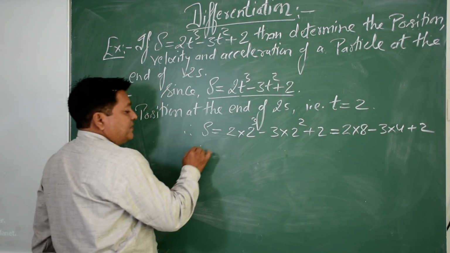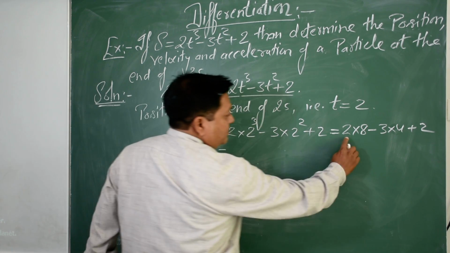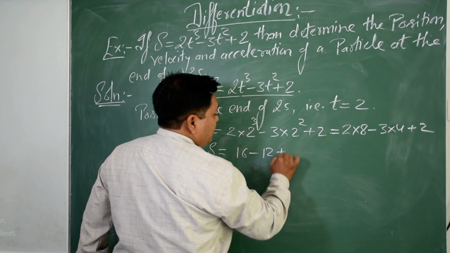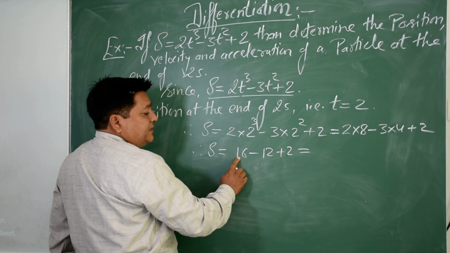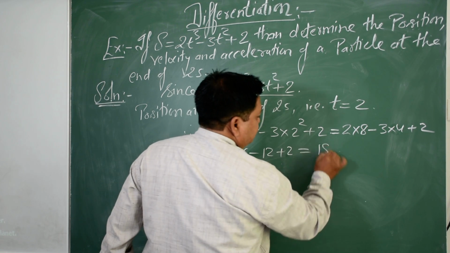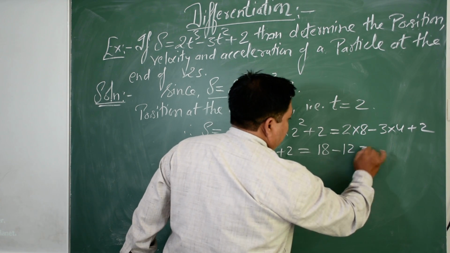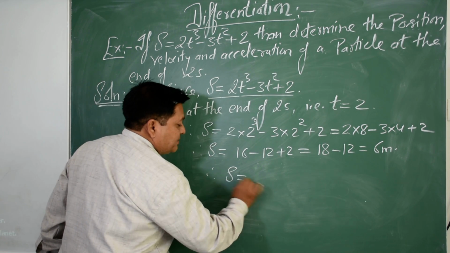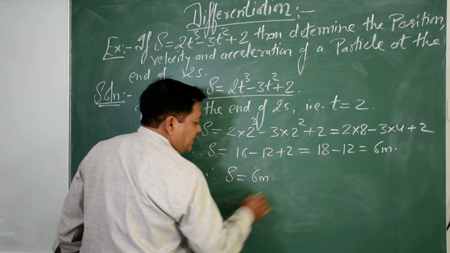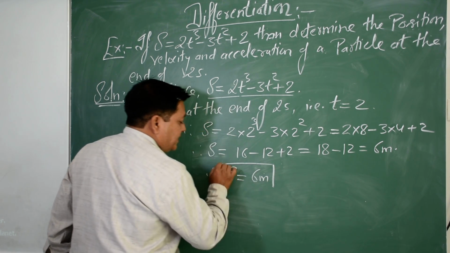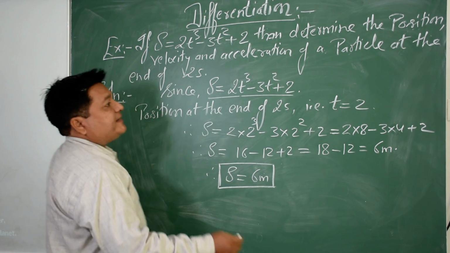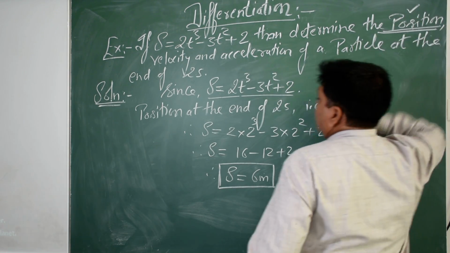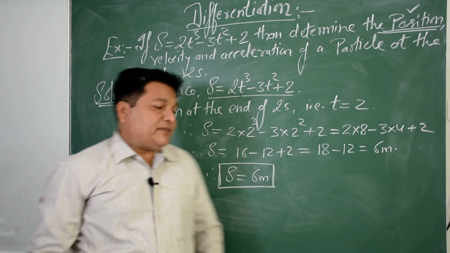Therefore, displacement s is equal to 16 minus 12 plus 2. 16 plus 2 is 18, minus 12, we are getting 6 meter. Therefore, the displacement of the particle after 2 seconds will be 6 meter. This is our first result, the position of the particle at the end of 2 seconds.